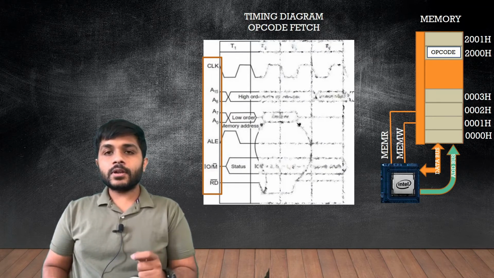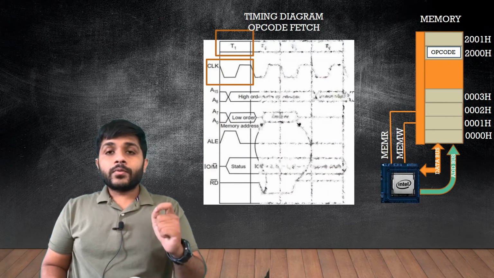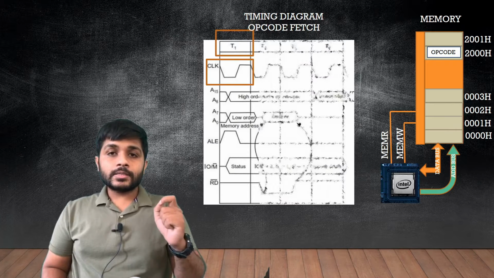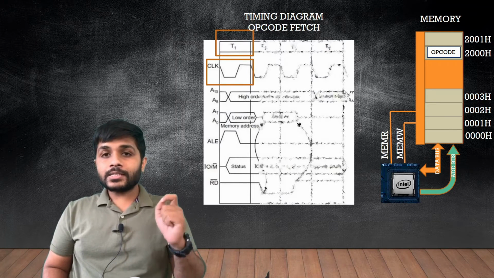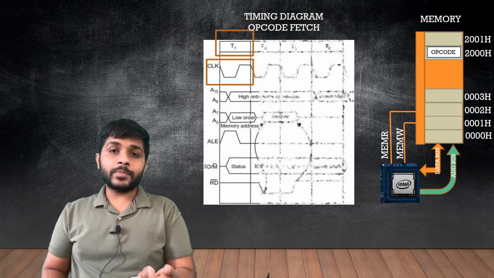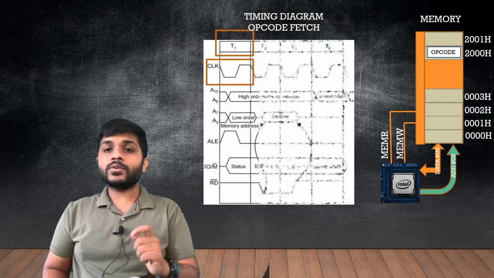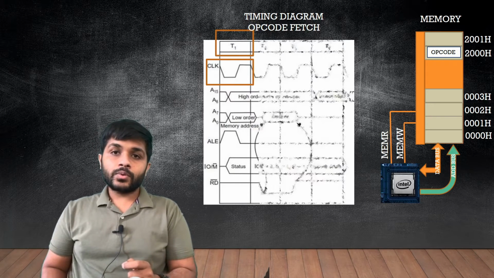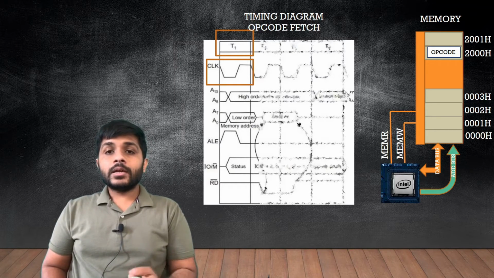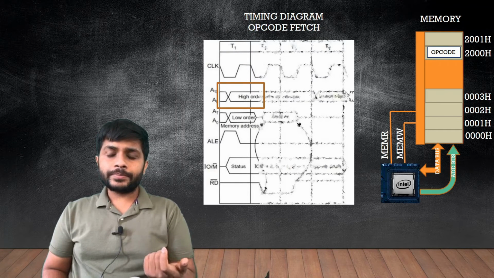Let's see the first signal, that is clock. If the clock ends at the same position where it started, one cycle is completed, and that is considered as one T state. Now let's see the higher order address bus A8 to A15.